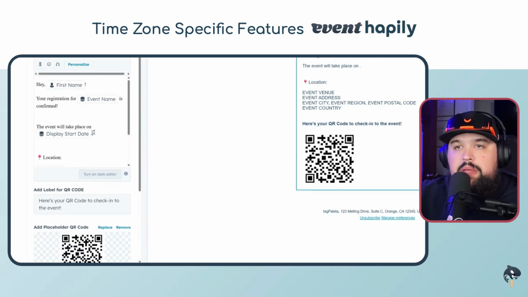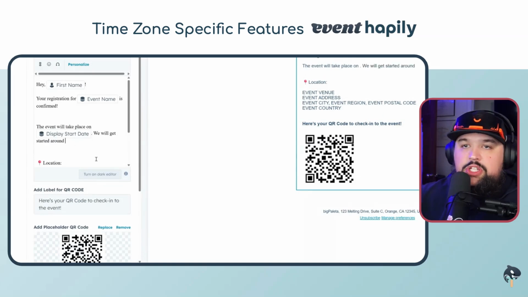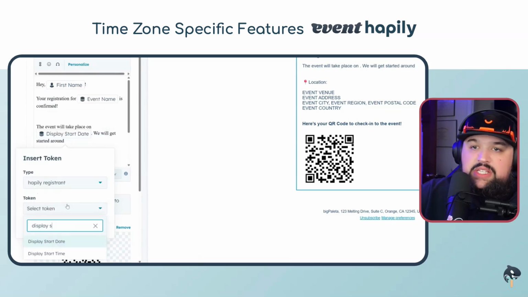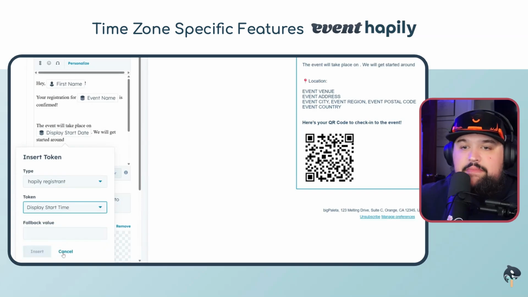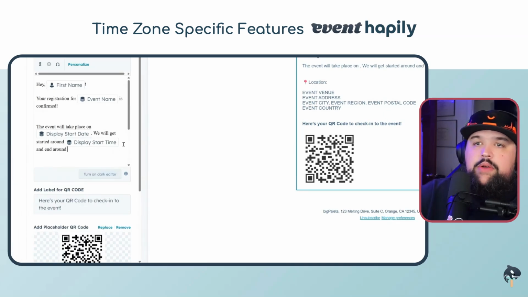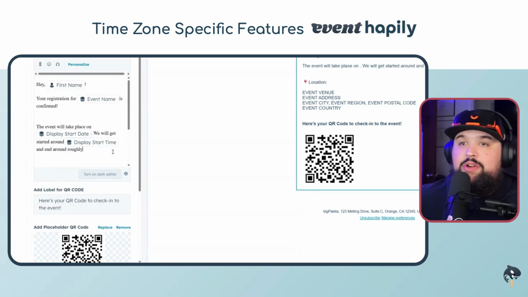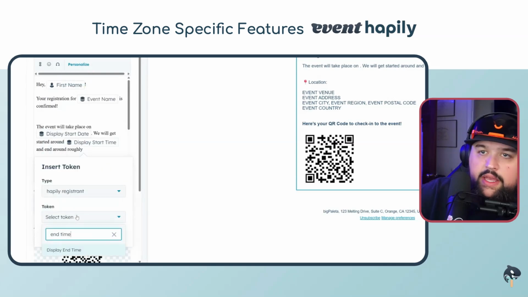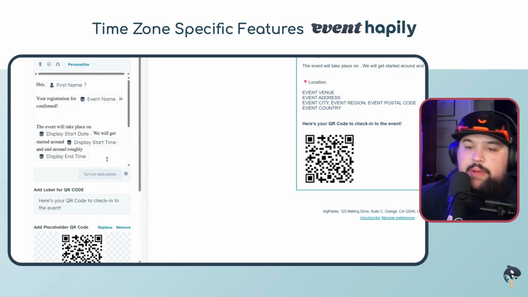So I'll put a little period here, and then I'll say, so we will get started around, and then I'm going to do personalization token, registrant, and I'm going to do display start time and end around roughly. Get as creative as you want here. And then I will go personalize. I want to do registrant end time. Cool. I'm going to skip the fallback value for now.